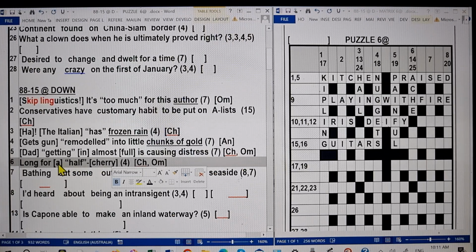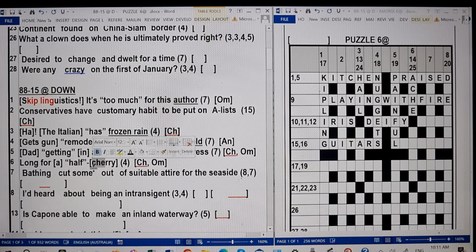If you charade A with half a cherry, well, you get A-C-H-E. And that's half that cherry. There's 3 letters left. So there it is, a charade and an omission to get you the answer for that long for. Okay, end of story. Next one.